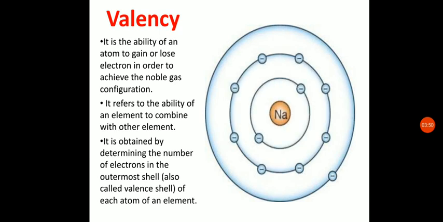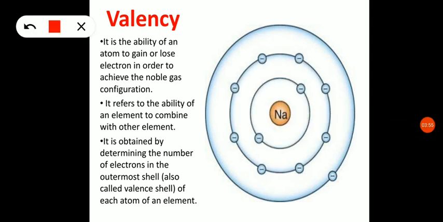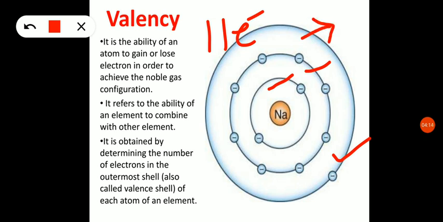Take for example sodium. Sodium has totally 11 electrons. In the first shell 2 electrons are filled and in the second shell 8 electrons are filled. Now 1 electron is left, which is filled in the last shell.